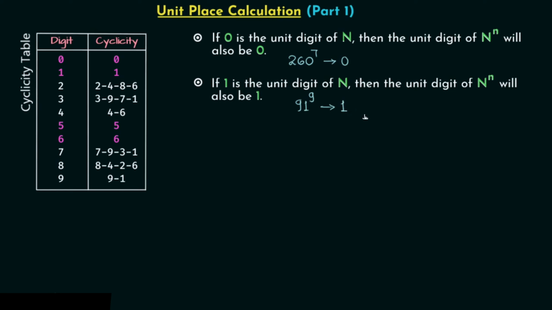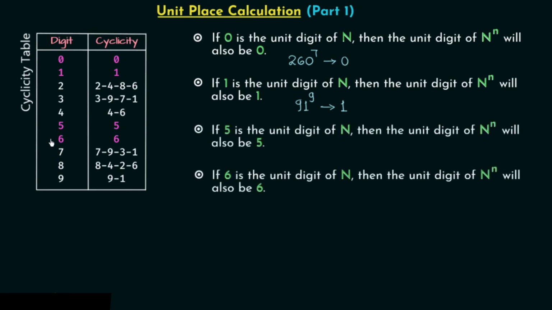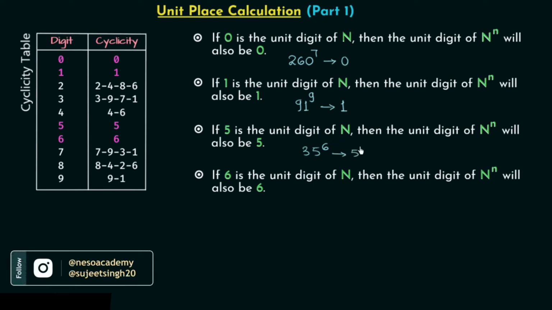And similarly, we have the same rule applicable when 5 and 6 are the unit digit of the number. So this means if 5 is the unit digit of n, then the unit digit of n raised to power n will also be 5. For example, if we have 35 raised to power 6, the unit digit of 35 raised to power 6 will be 5 because 5 is the unit digit of number n.